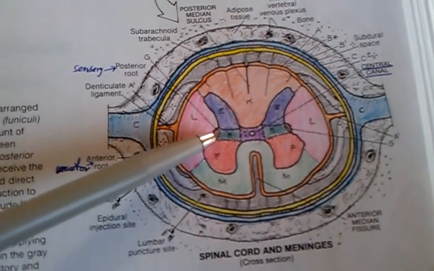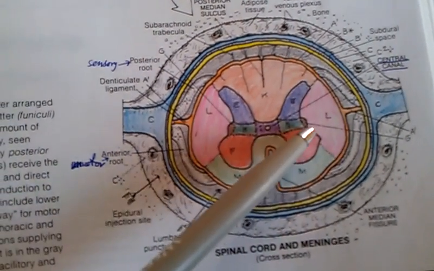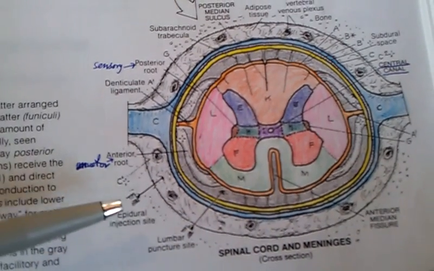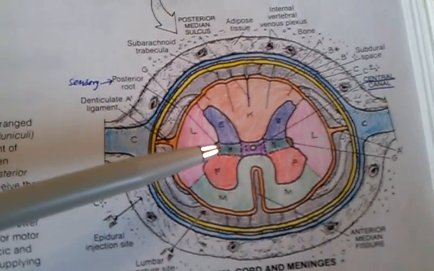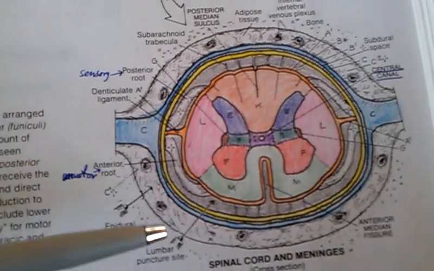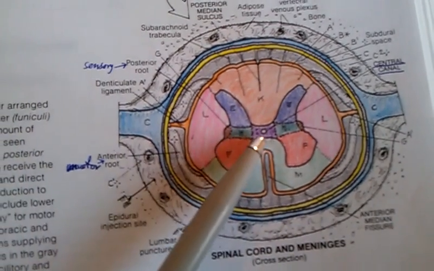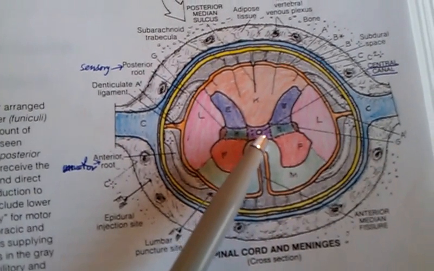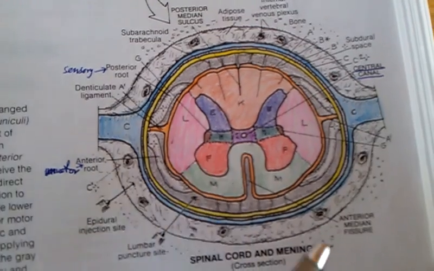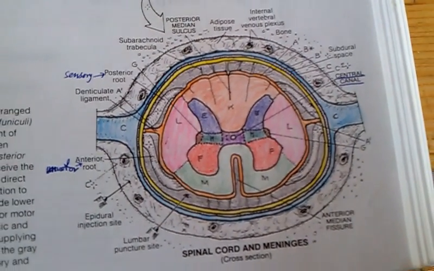And then you have a lateral horn, the brown one, small one, and you have the intermediate zone, which is the green, and in between you have the grey commissure with a central canal in the middle.